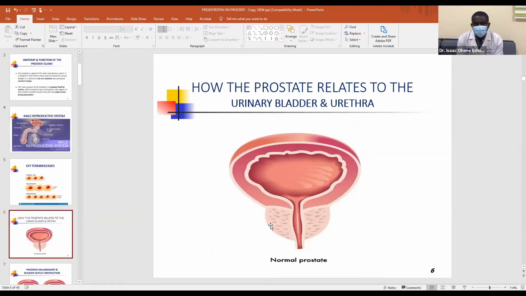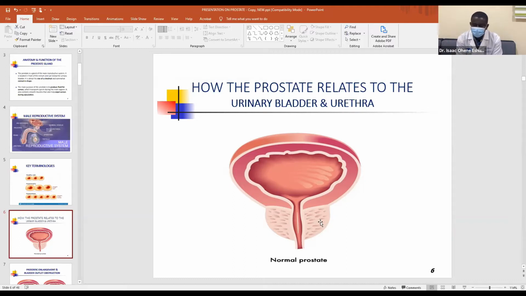So we are looking at the relationship of the prostate and the urethra. Once we get this appreciation, most of the symptoms that we'll describe will be related to the position of the prostate with respect to the urethra. This is a normal bladder, and this is a normal prostate. The gray area we have here is the prostate.